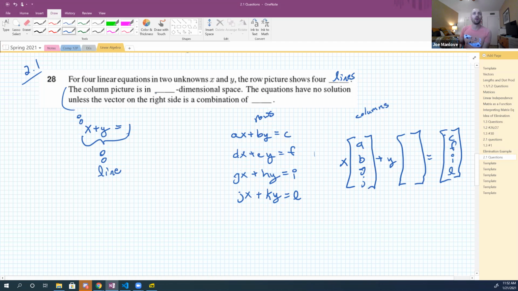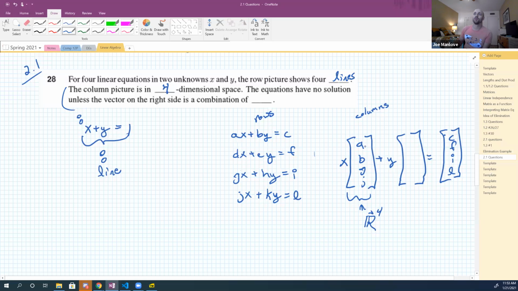So the column picture is in what dimensional space? Where does this column live? Four. Perfect. Yep, it's got four components, so it lives in four-dimensional space. Okay. And then the equations have no solution unless the vector on the right-hand side is a combination of the columns. In other words, when does this thing work?